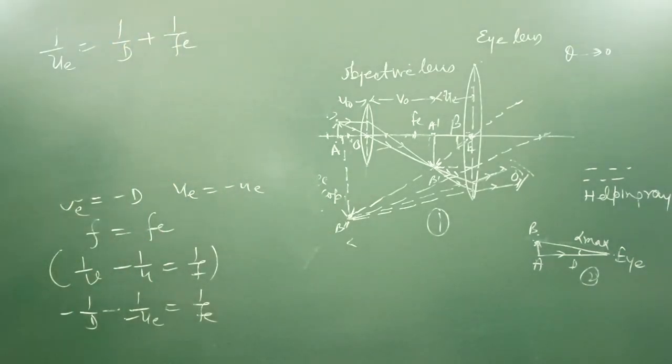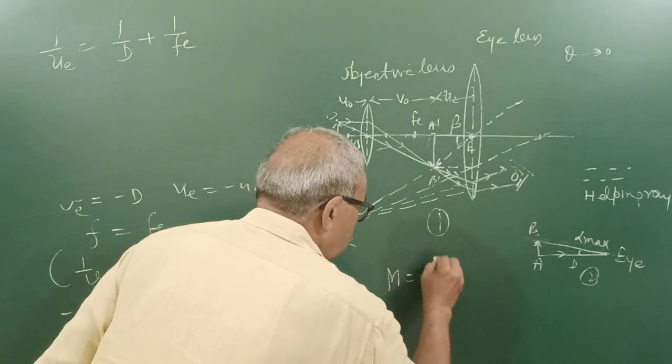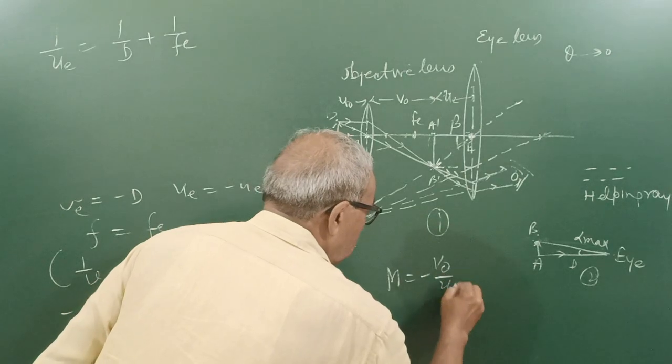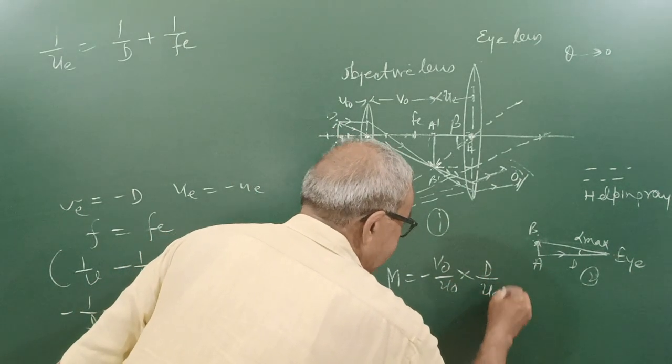Using this value of 1 upon UE in equation 2, M is equal to minus VO over UO into D upon UE.